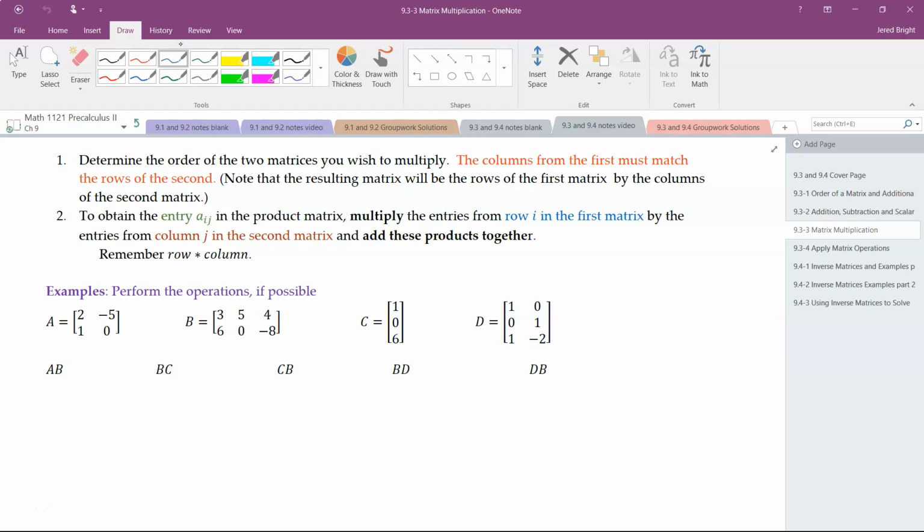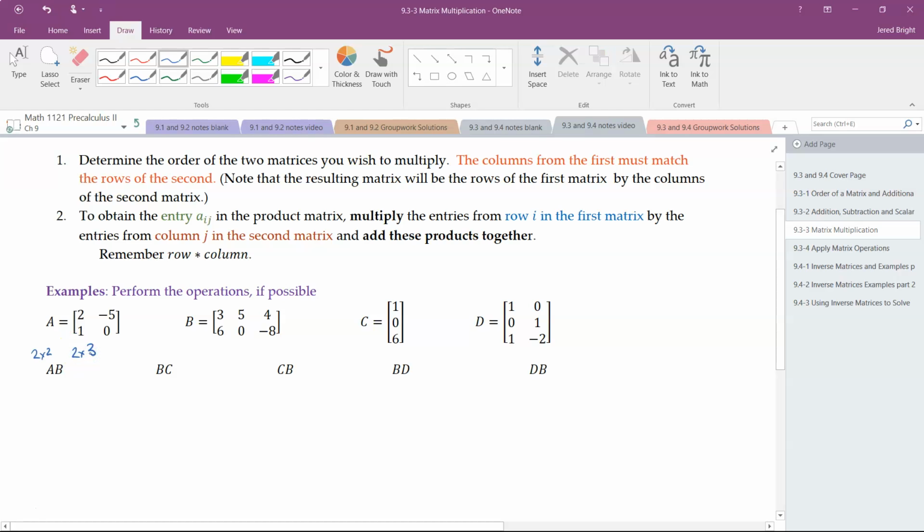So be careful. First, we want to determine the order of the two matrices you wish to multiply. A is a 2 by 2 matrix, and B is a 2 by 3.